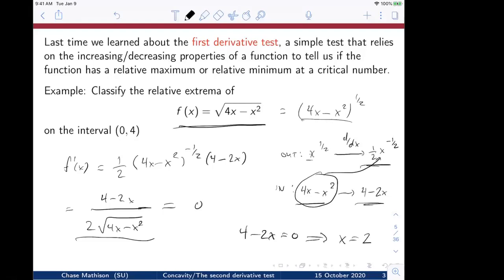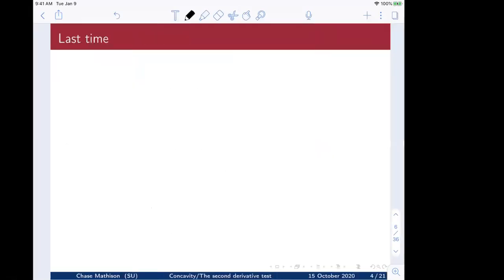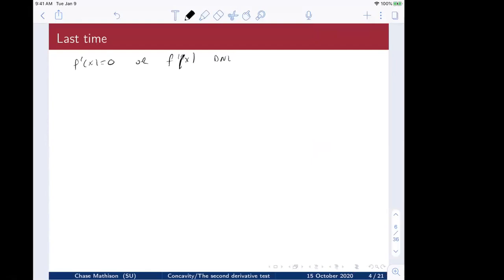Yes, I do. Yes, thank you, Saba. If we look at the square root, the critical numbers are where f prime of x is equal to 0 or f prime of x does not exist, when f of x does exist.